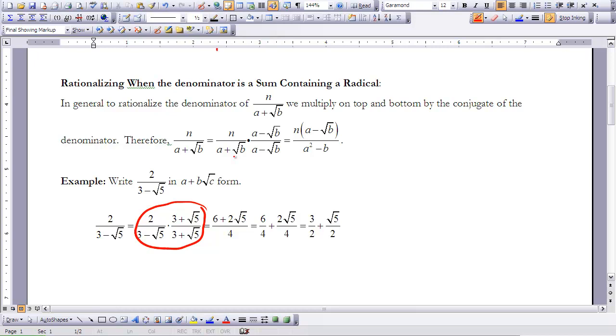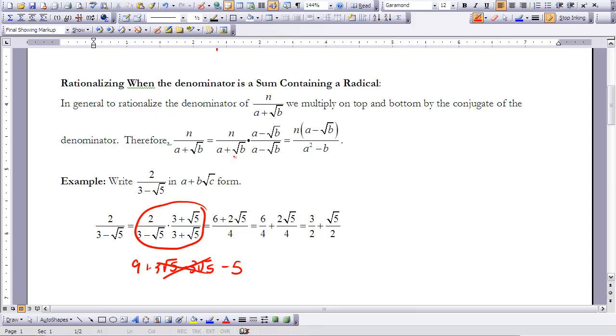Now remember, 3 times 3 is 9, plus 3 root 5, and then minus 3 root 5, and then minus 5, because a negative square root of 5 times a positive square root of 5 is going to be a negative 5. Remember, this cancels out, that's why we use the conjugate. So then 9 plus a negative 5 would give me 4.